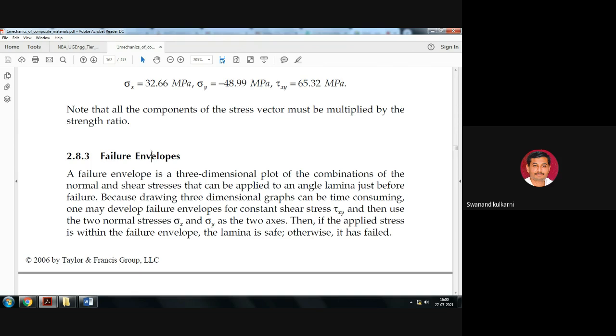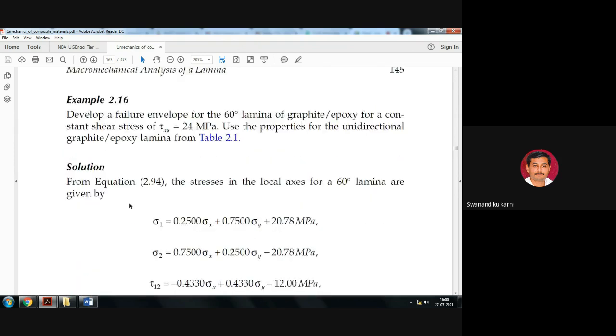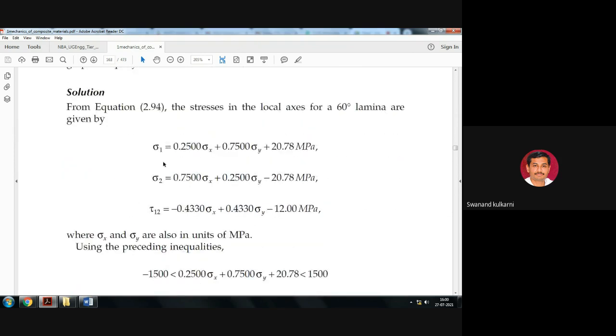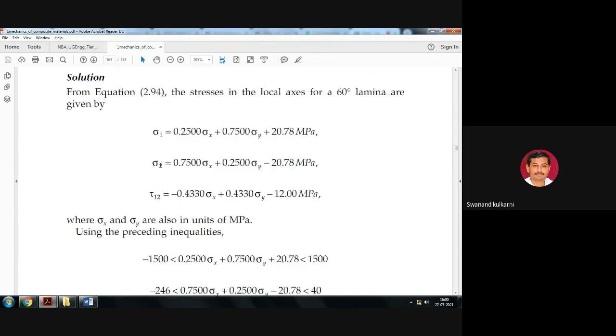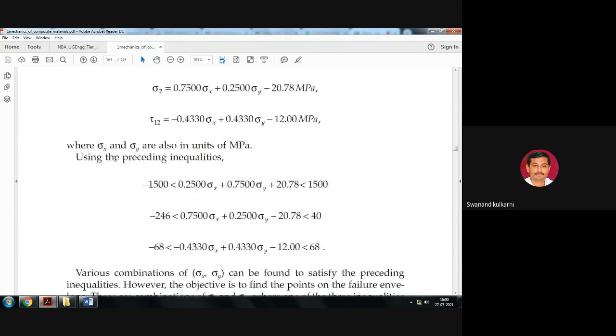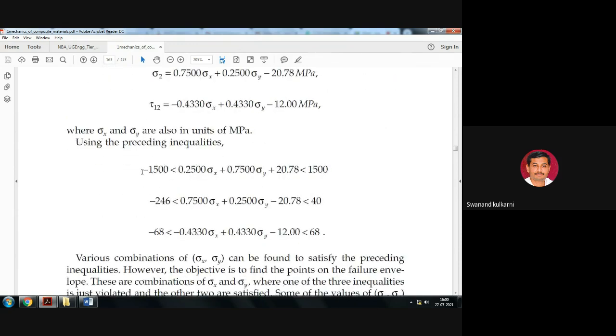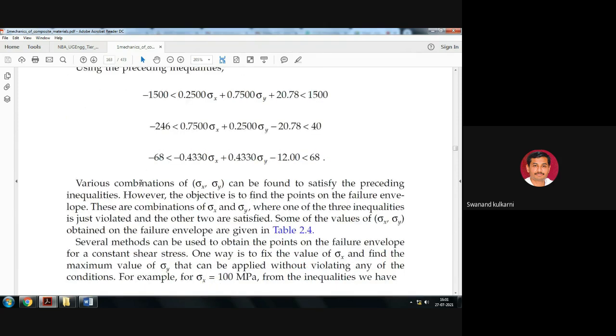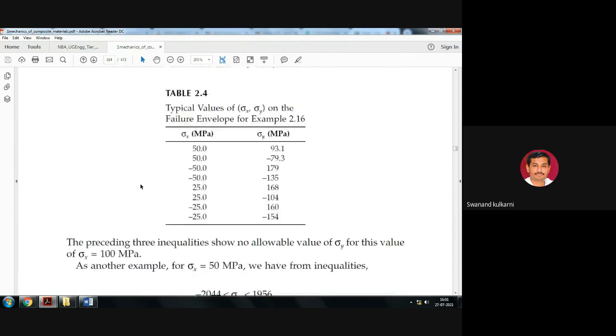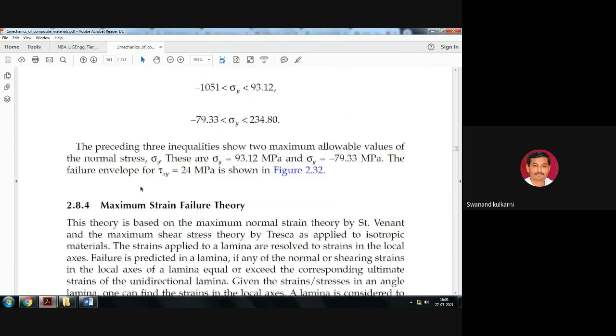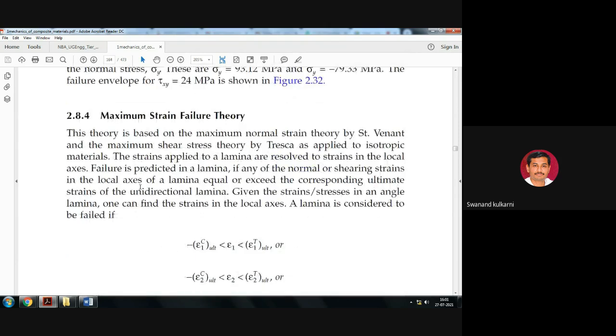Is it okay? So here we have this flexibility with the help of failure envelopes. So sigma 1, sigma 2, tau 12, using the preceding inequalities, can be identified here. Is it okay? So different types of failure envelopes are available. Is it okay?